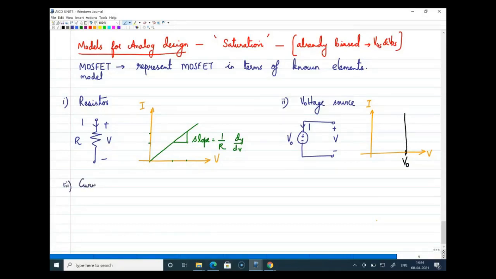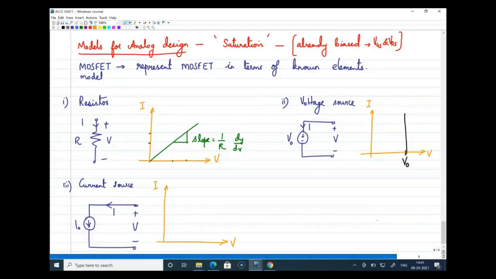Now, similarly, if you try for a current source, how do you draw the response of a current source? Say this is a current source with constant current I naught. The current flowing is I naught, and this is the voltage V. If you draw the IV characteristics, why am I drawing all these things? Because when we say model for a MOSFET, we are trying to represent the MOSFET in terms of known elements, the elements whose characteristics we know.